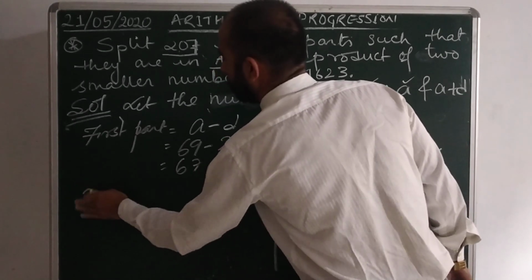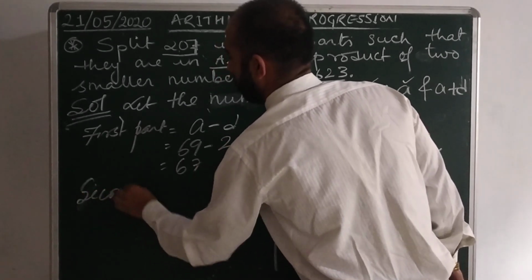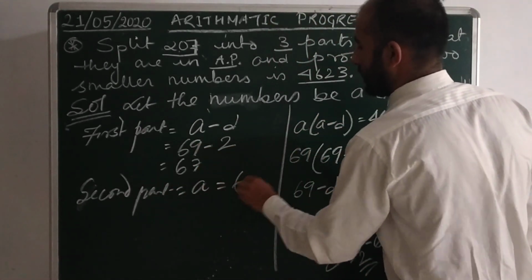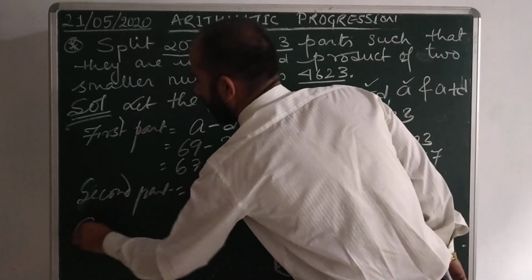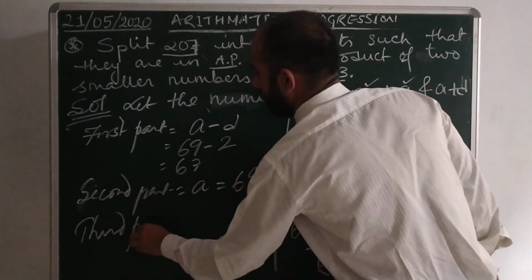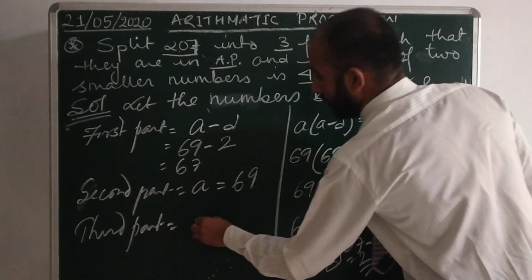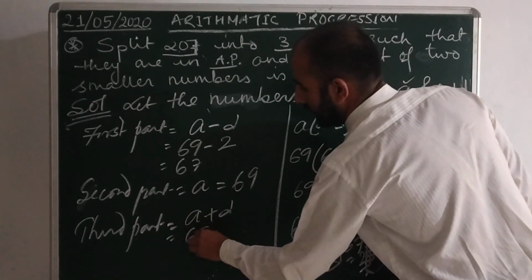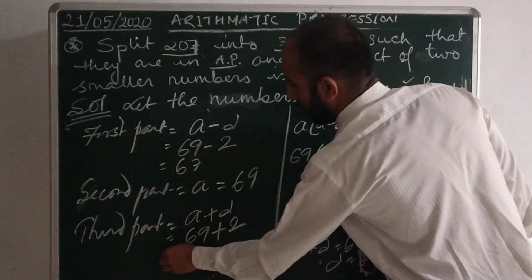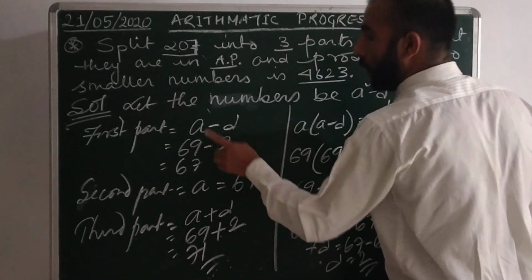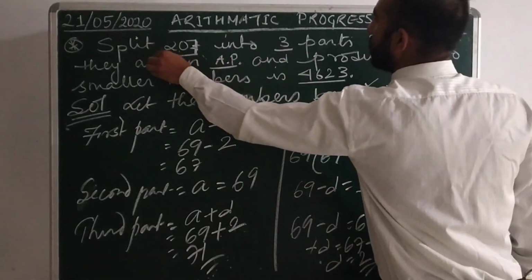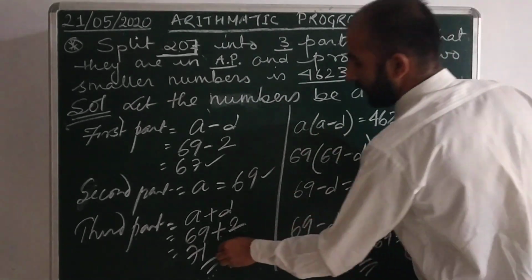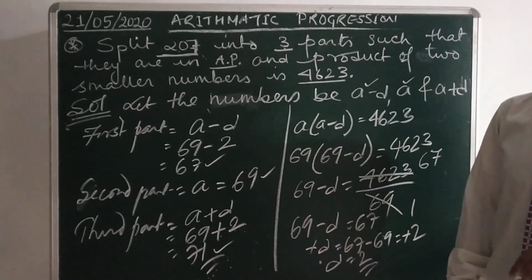Second part, we have taken A, which is 69, and third part we have A plus D, that is 69 plus 2, that is 71. So we got all three parts. We are supposed to divide 207 into three parts. So the first part is 67, the second part is 69, and the third part is 71.